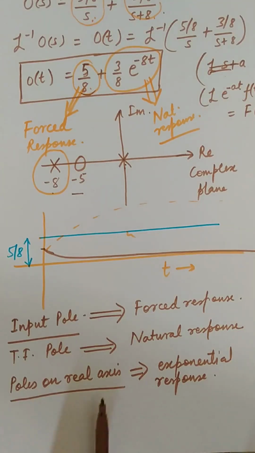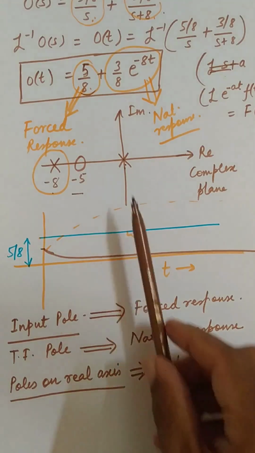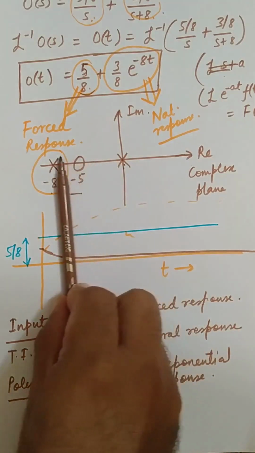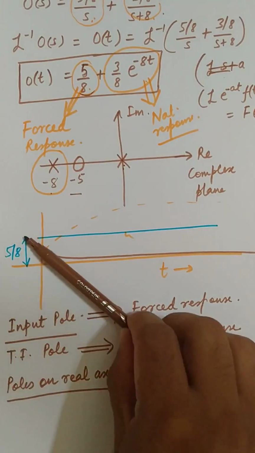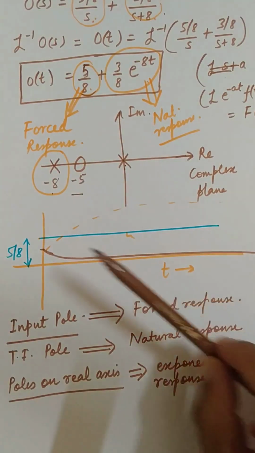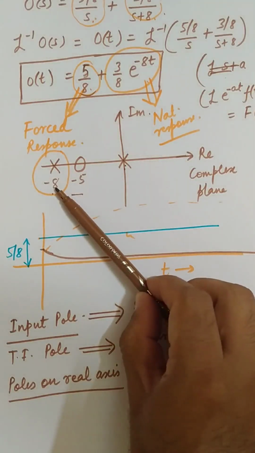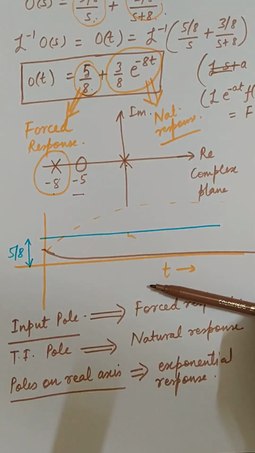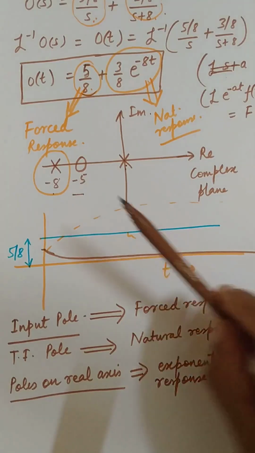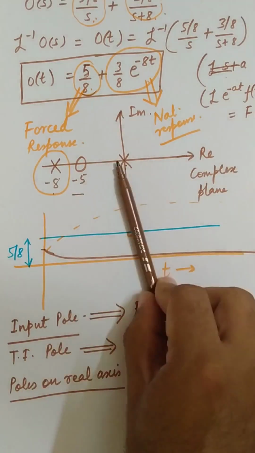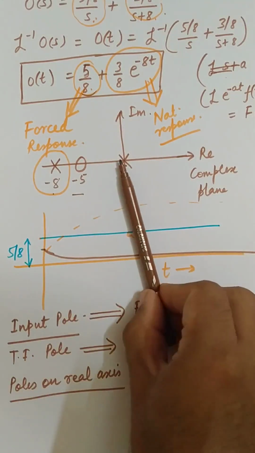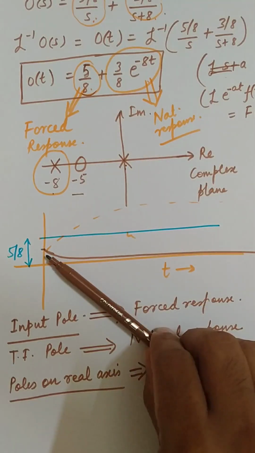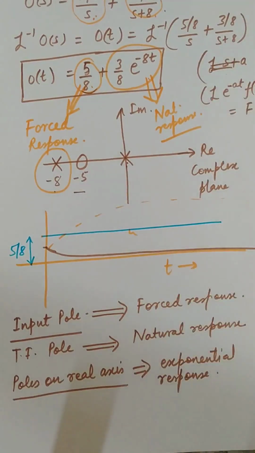So poles on the real axis produce the exponential response, right? And the farther it is on the left hand side, the faster the decay will be, right? For example, if this pole would have been on minus 100, so this would have decayed very fast, right? And similarly the other side, if it would have been on plus 100, then it would have gone to infinity much faster, right?